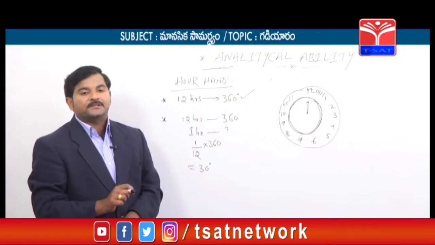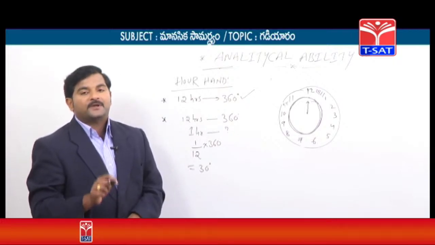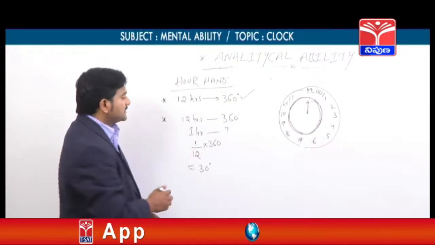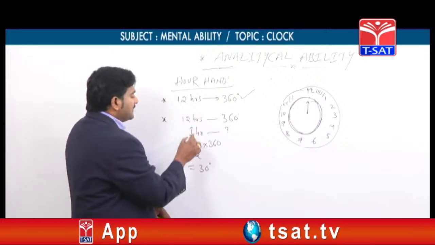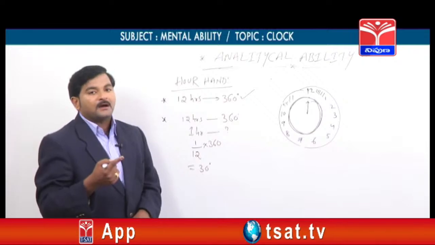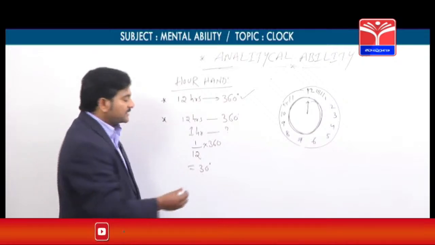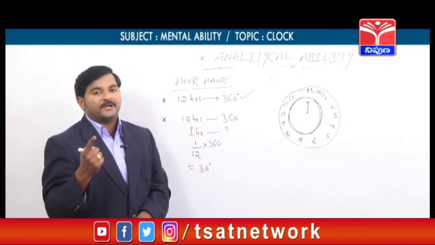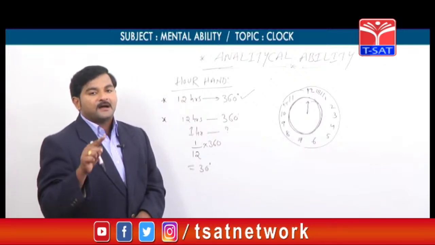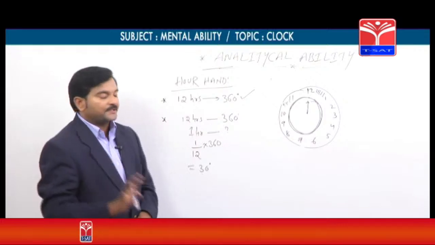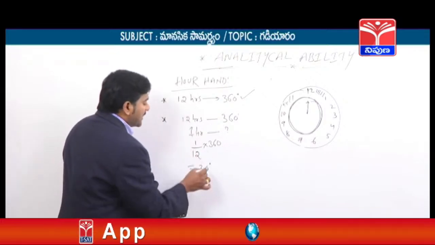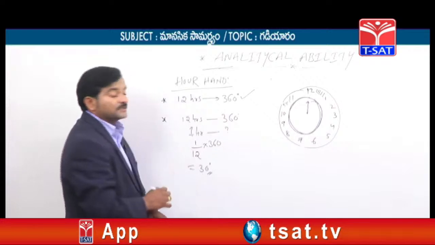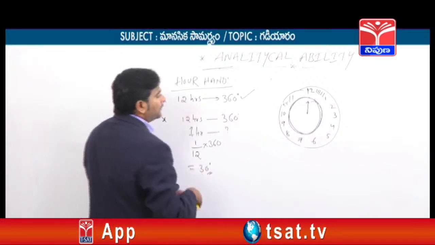So the second very important point for the hour's hand: in the span of only 1 hour, the hour's hand traces 30 degrees. As I already told you, in 12 hours the hour's hand makes 360 degrees, and in 1 hour it makes 30 degrees. So this is also a second important point.